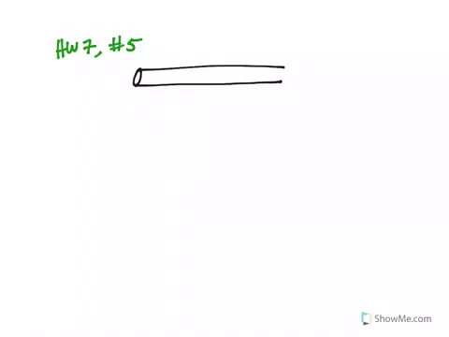Alright, I'm going to do homework set number 5, and this concerns a plug flow reactor. So consider that we have a tube or a pipe or a canal or a river, and we have flowing through it some water flow Q, and we have a concentration going in and a concentration coming out.